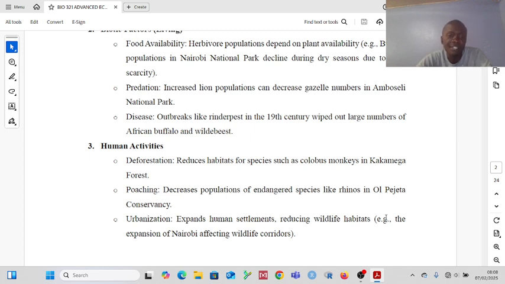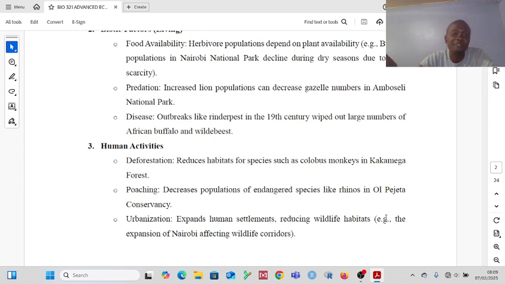So what happens is, as you reduce the habitat, the places where those animals live, it means those animals will move to another place. That will have led to a reduction. Because you've reduced the habitat, you've reduced the houses for those animals, so they have to move to a different area.